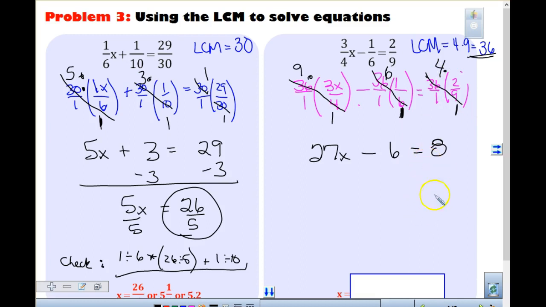So we're going to continue solving. What are we going to do? Solve for 27x. So add 6 to both sides, right? Most of them are coming out kind of ugly, aren't they?